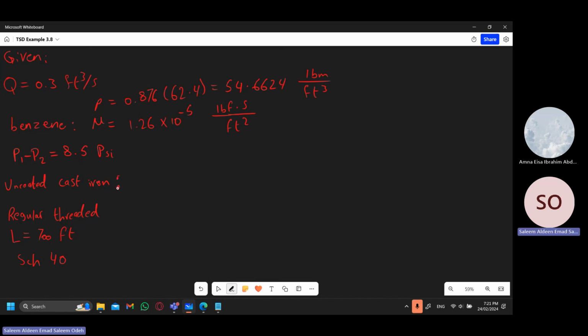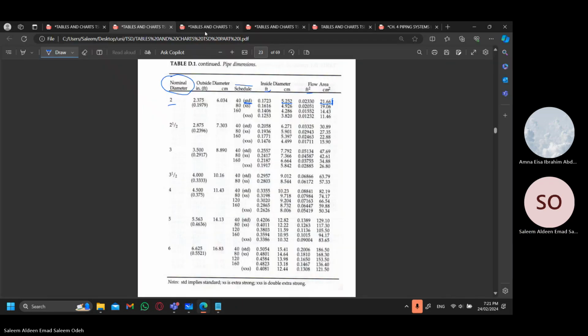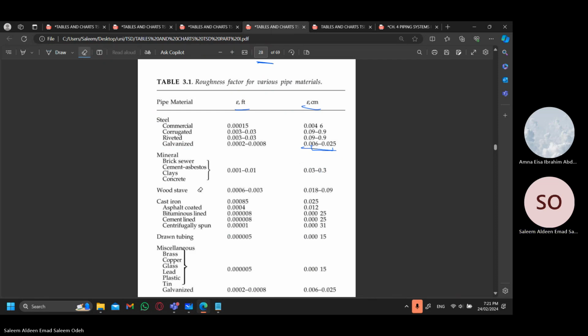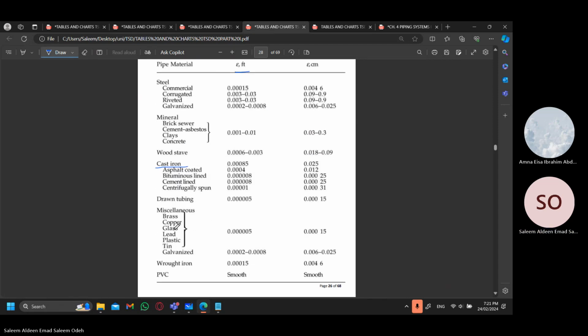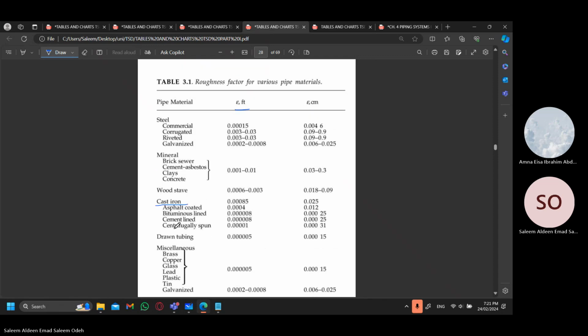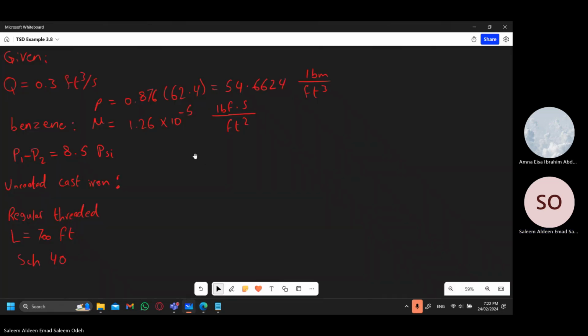The next thing they told us is uncoated cast iron, which is, cast iron is right here. Since it is uncoated, none of these apply. So the roughness is 0.00085. So now we would like to find the velocity's value, any values that we can get.